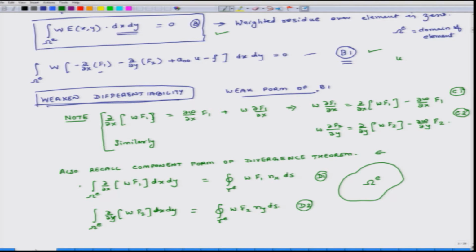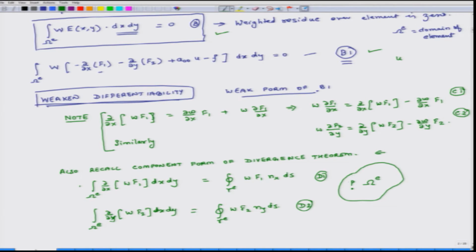Let us try to understand equation D1. The left hand side means that at any point P I have a value of F1, because F1 is a function of x and y. I multiply it by the weight function, which is also a function of x and y. At any point P I calculate this product W and F1, and then partially differentiate it with respect to x, so I get some number, and then I integrate that function over the domain.